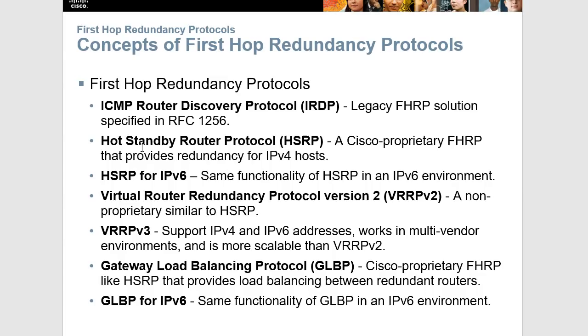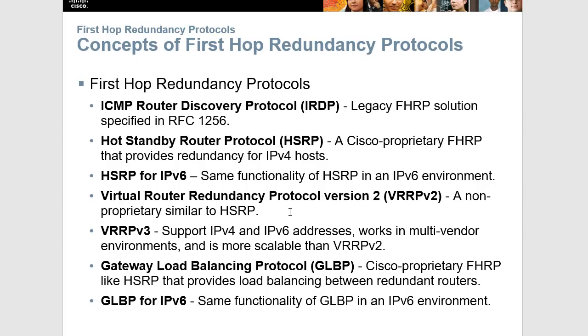By definition, you should know the others: ICMP Router Discovery Protocol, or IRDP, a legacy first hop redundancy protocol; HSRP for v6; Virtual Router Redundancy Protocol, VRRP, which is the non-proprietary version of basically HSRP.